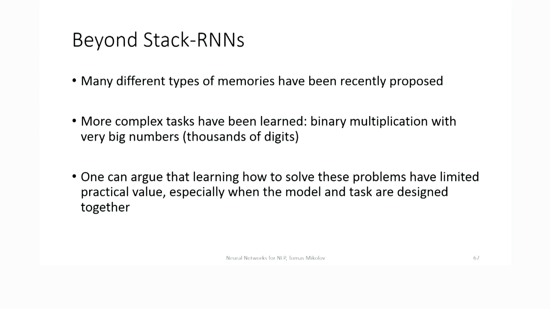As I said, some people tried to follow up on our paper by proposing, for example, reinforcement learning for these stack RNNs to learn binary multiplication, which I think is already getting too far on the algorithmic side. That was done by the guys who are now at OpenAI.